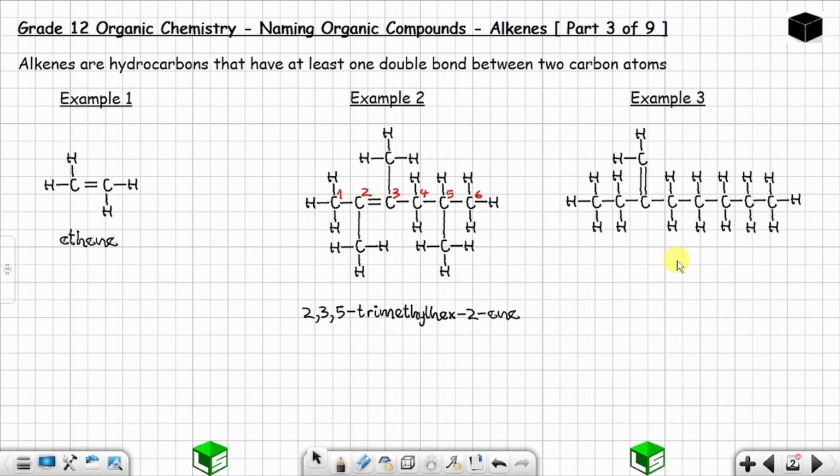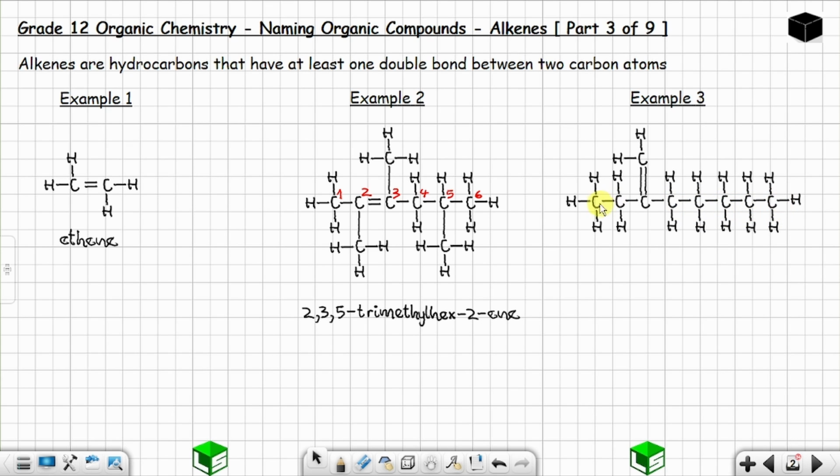Now you can identify the longest carbon chain. You have to include the double bond in your numbering. So I can go like this: 1, 2, 3, 4, 5, 6, 7. If I do this, 1, 2, 3, 4, 5, 6, 7, 8.